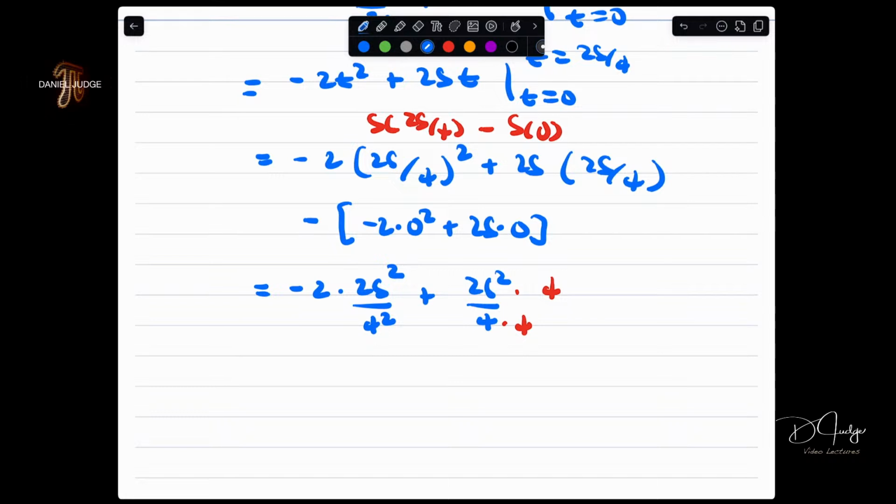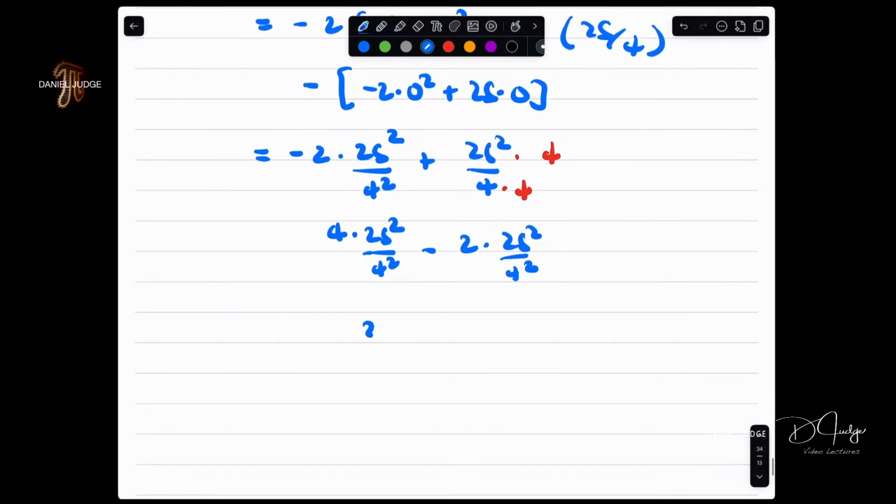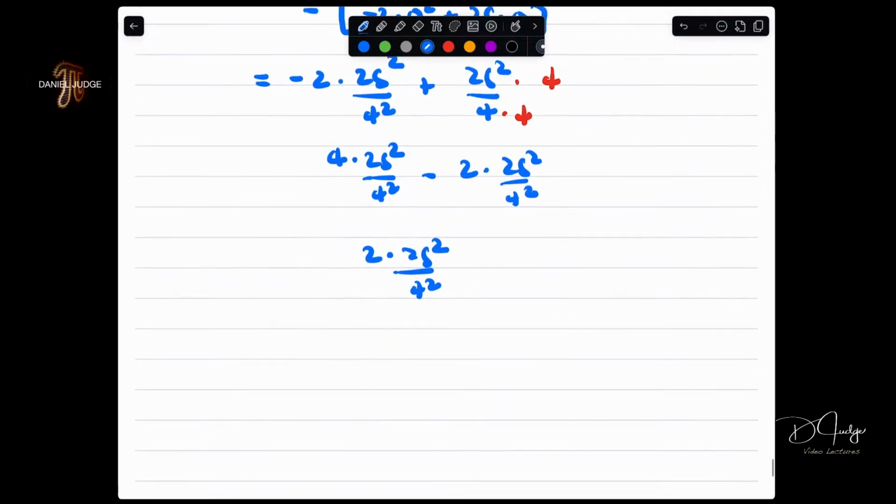Final answer is going to be 4 times 25 squared over 4 squared minus 2 times 25 squared over 4 squared, which is going to be 2 times 25 squared over 4 squared. So 2 times 25 squared divided by 4 squared will give you 78.125 numerically.